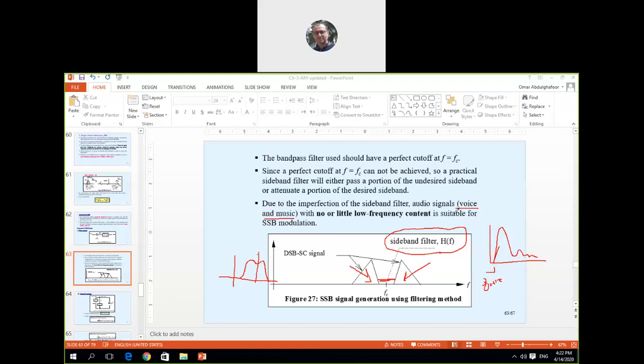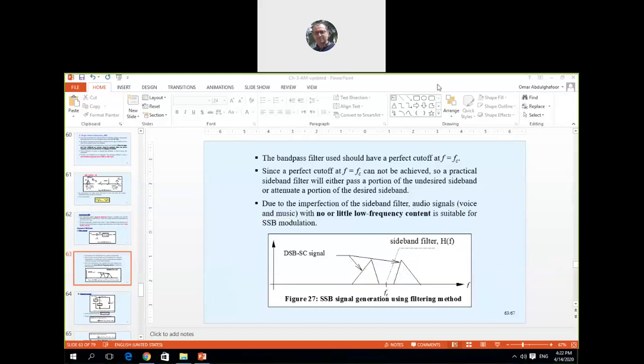That's why single sideband requires applications where there is some separation between the upper and lower sidebands. If we have that separation, single sideband is the best choice; otherwise we need to think about other types, for example double sideband suppressed carrier or large carrier. As I mentioned, audio signals, voice and music, are perfect for this type of filter, which is the sideband filter.